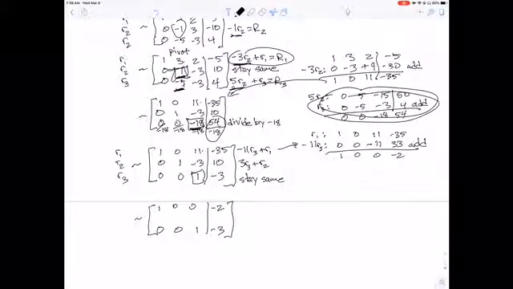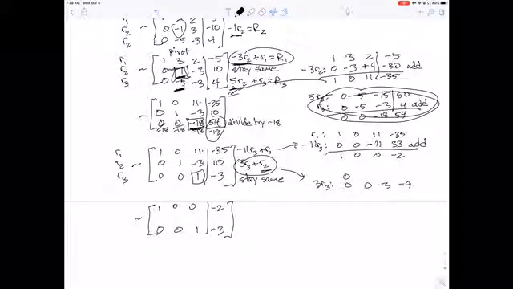And so the one thing I don't have at this stage is I need a new version of row 2. So I'm going to use 3r3 plus r2 to come up with a new row 2. Let's do the scratch work. 3r3 becomes, there's r3, that's what I'm tripling, becomes 0, 0, 3, negative 9.